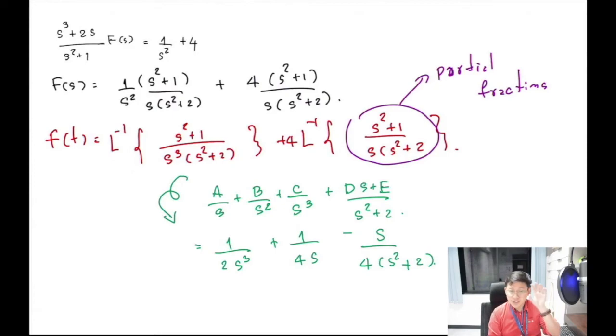Because here it's not very hard, it's just labor work. You need to do lots of partial fractions to get a, b, c, d, and e. But in the exam it won't be this tough. It will be a lot easier to apply the inverse Laplace transform. So I'm gonna leave you like this, so you can just try and do it yourself.